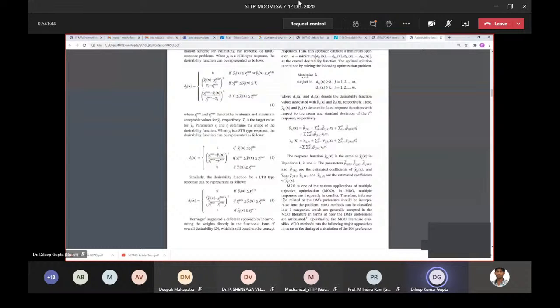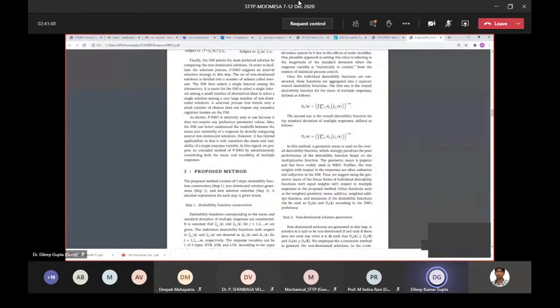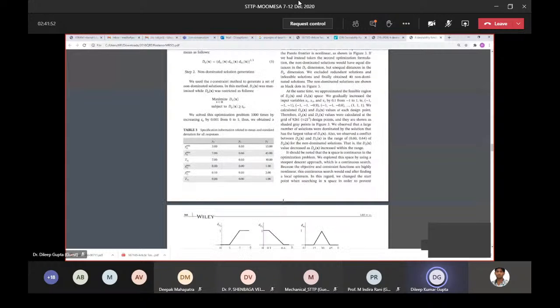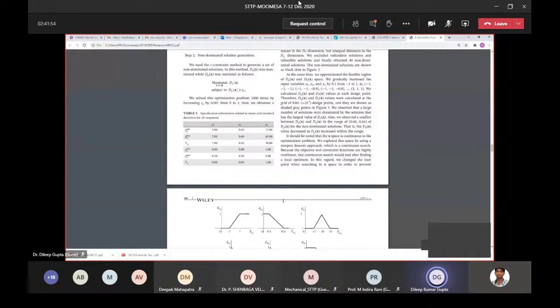Start solving from the table, and go back. Somewhere here it must be given. I was just looking for this one, the value of D0, D mu and all, right?